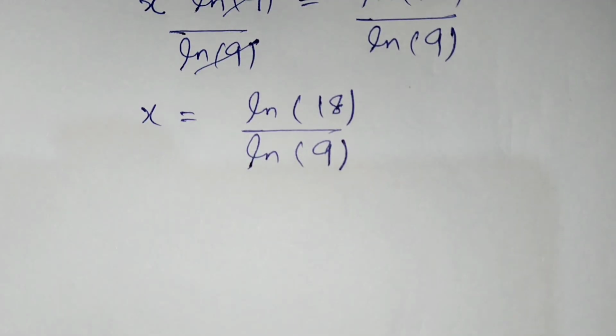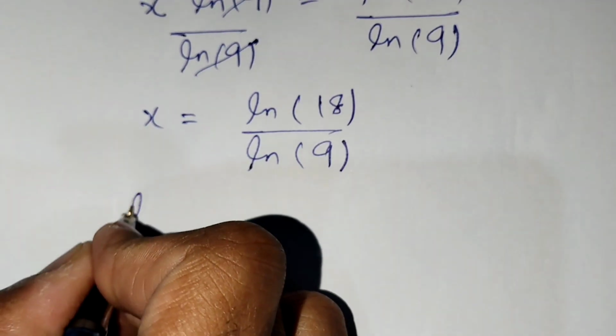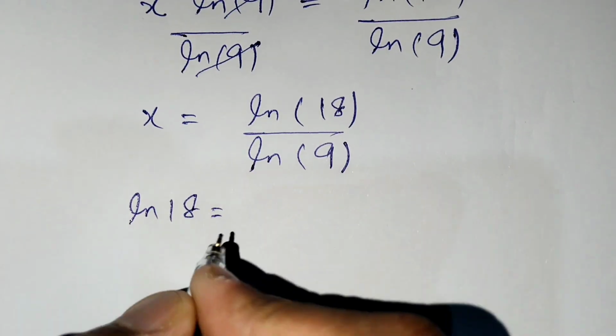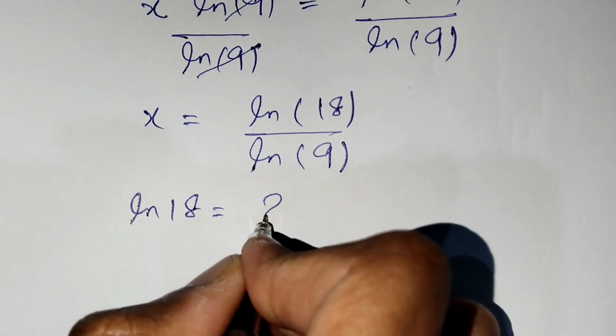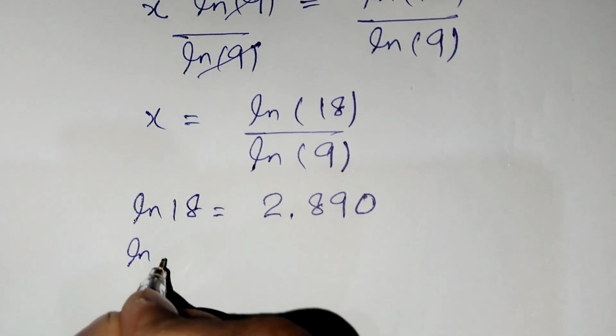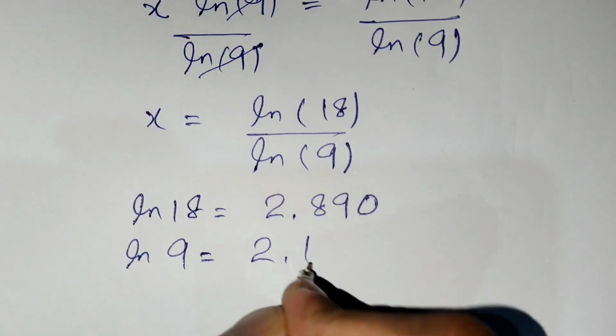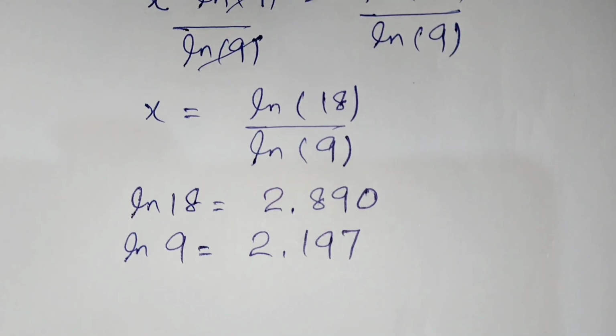Now here we will use a calculator to find the value of ln. ln of 18 is equal to 2.890 and ln of 9 is equal to 2.197.